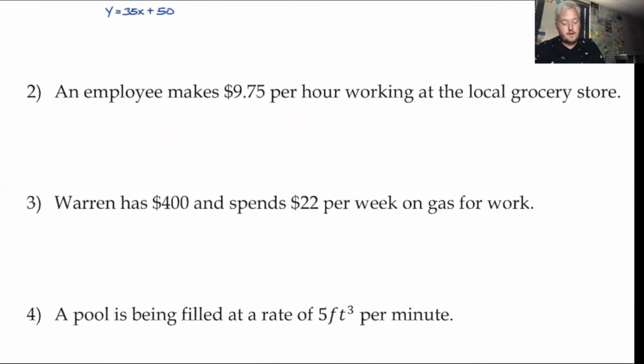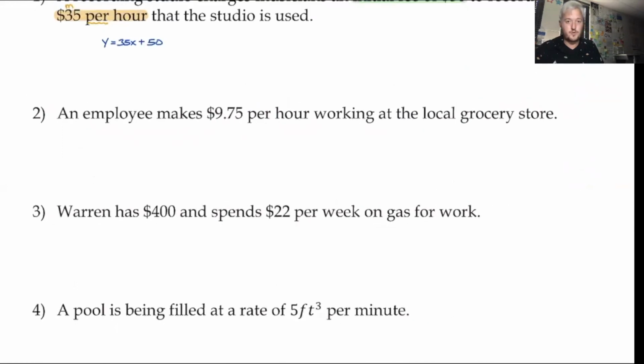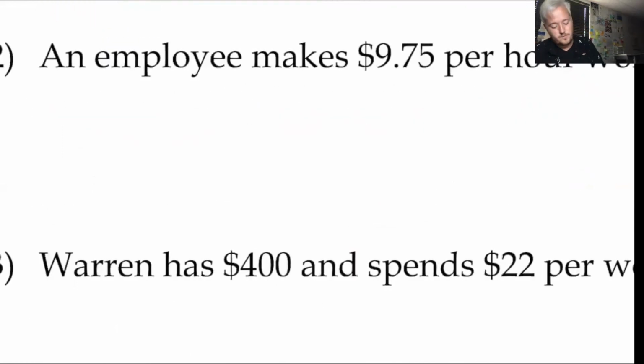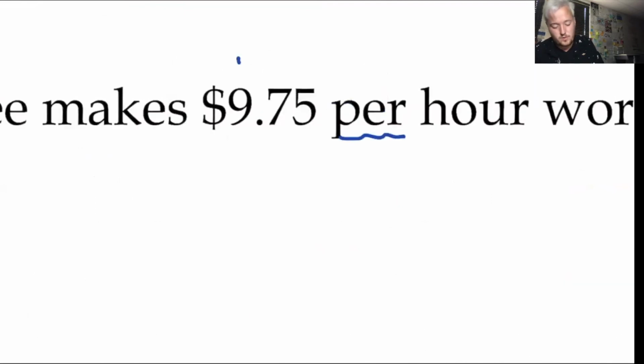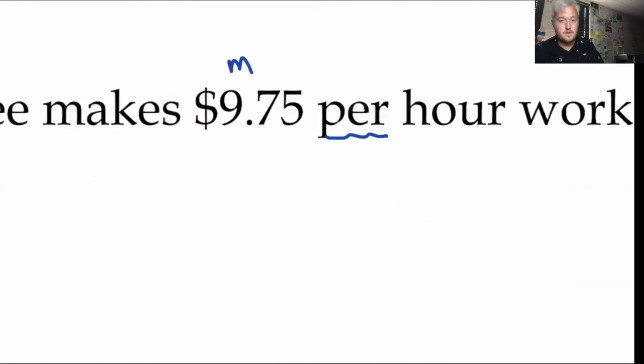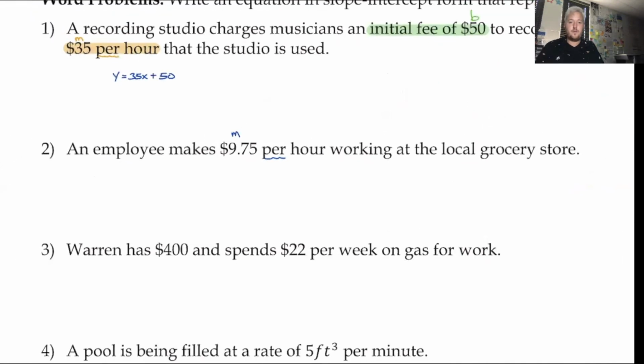So same idea here. An employee makes $9.75 per hour working at the local grocery store. If you notice here, we see the word per again, which means this is your m value. Now, whenever you're an employee anywhere, you don't just walk in and automatically have like $50 in your pocket. I wish, but structurally it doesn't work that way.